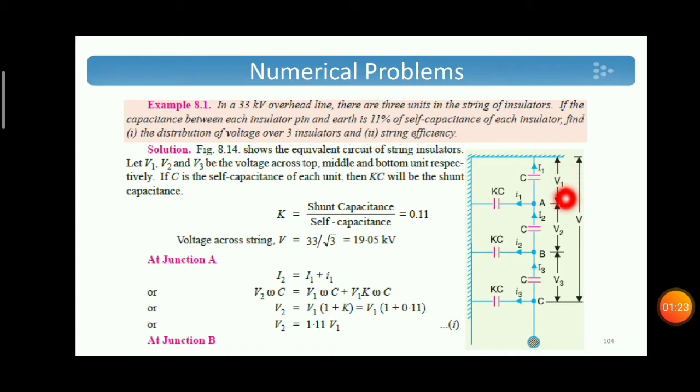Capital I1 is V1 omega C and small i1 is V1 omega Kc, since the shunt capacitance is K times the self-capacitance, that is Kc. And I2 is V2 omega C. So we will get V2 equal to V1 into (1 plus K). The value of K is 0.11. So V2 equals 1.11 times V1.